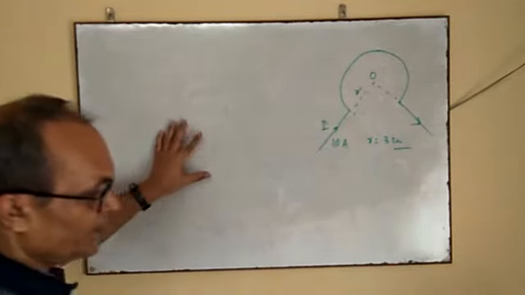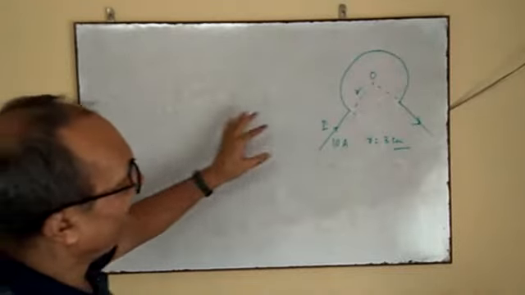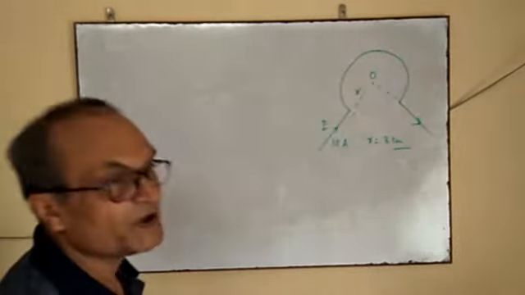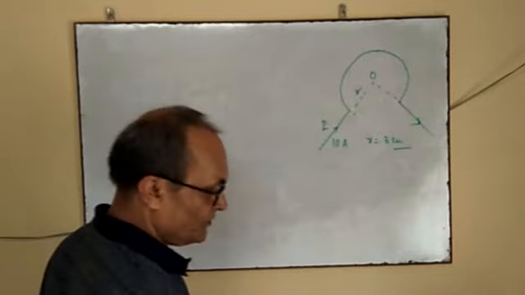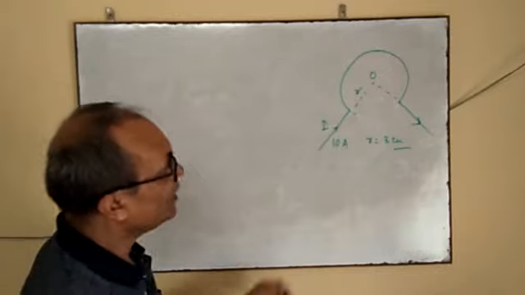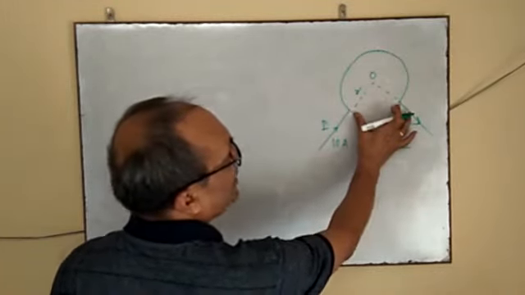Now we are going to find out the magnetic field due to this portion of the loop. So first of all, we should know the length of this portion of the loop.